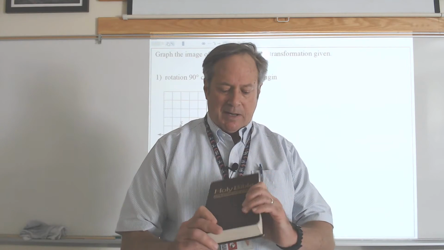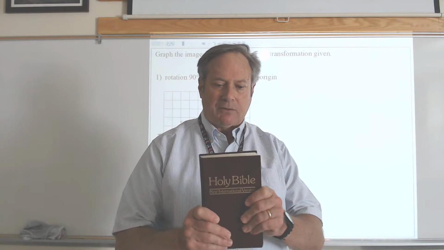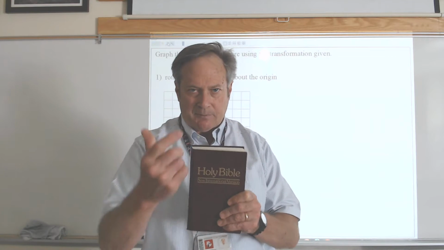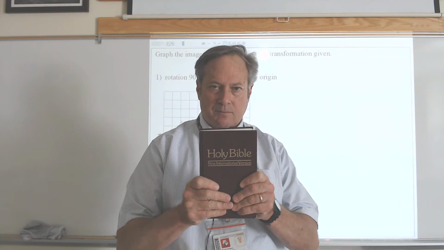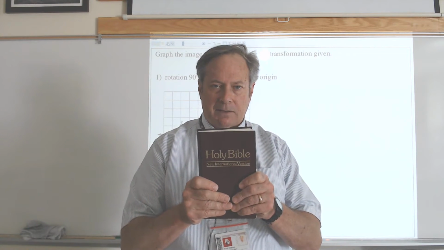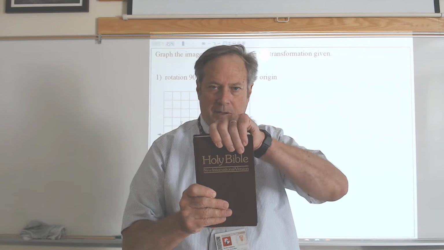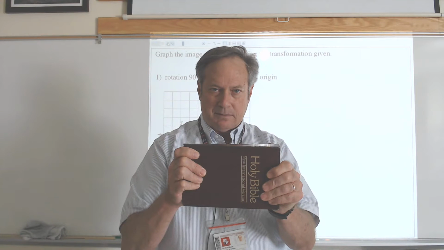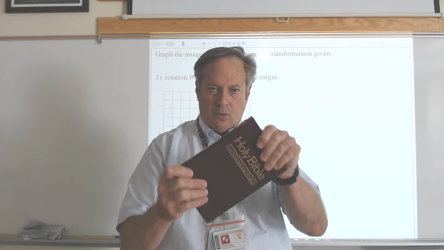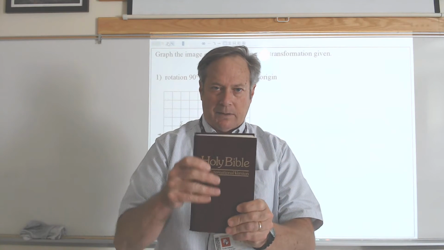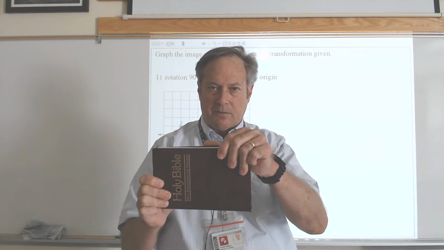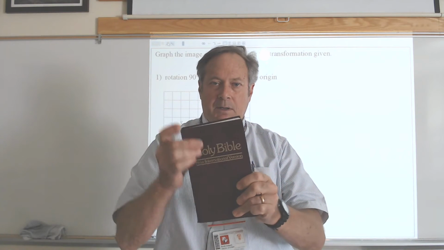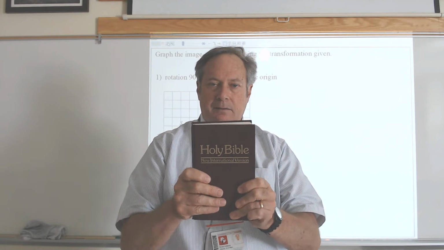Now, here I've got my Bible. I want to use this as an example of a rotation. From your point of view, if I rotate this thing clockwise, I'm going to go that way, okay? Or if I want to go counterclockwise, I'm going to go that way. Now, think in terms of a circle.